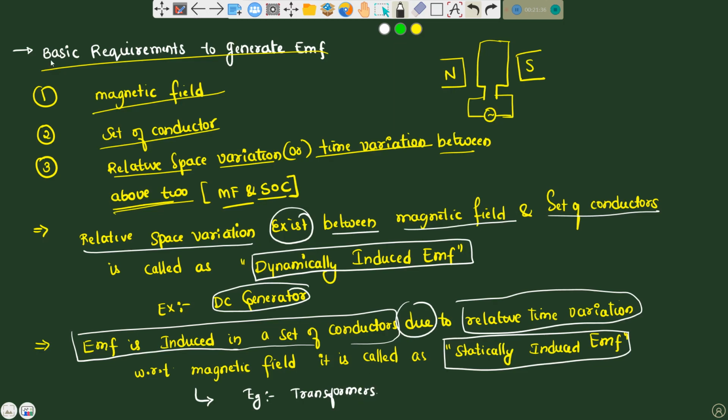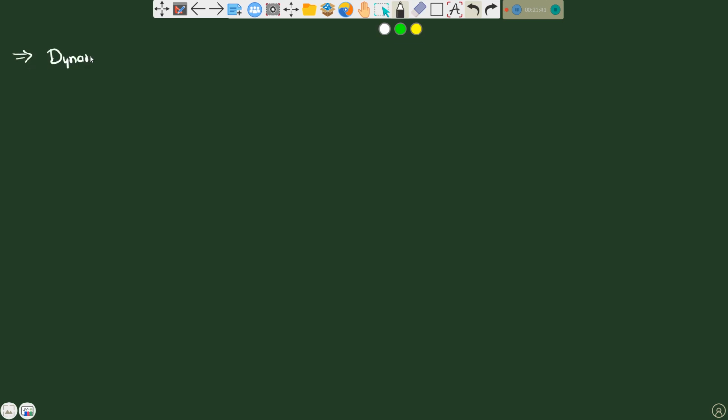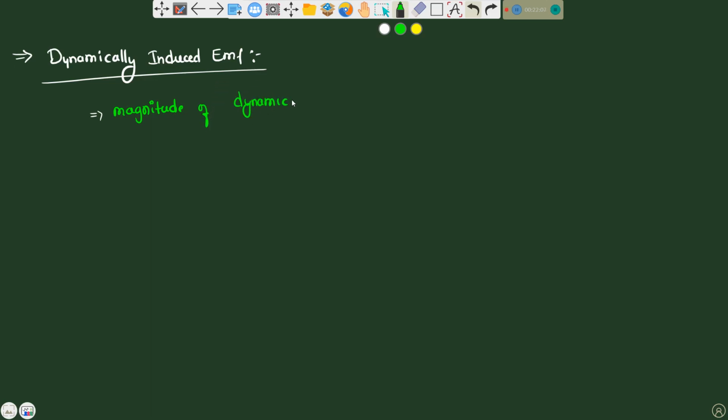Further in detail, if we talk about dynamically induced EMF, its magnitude can be found by the flux cut rule, by applying Fleming's right hand rule.